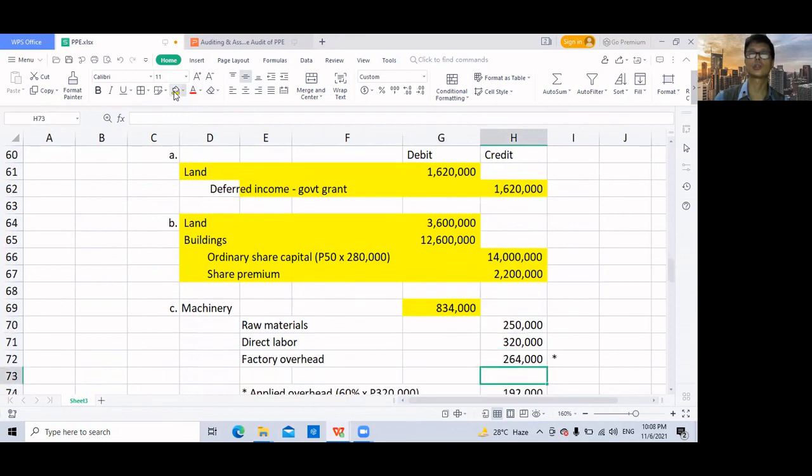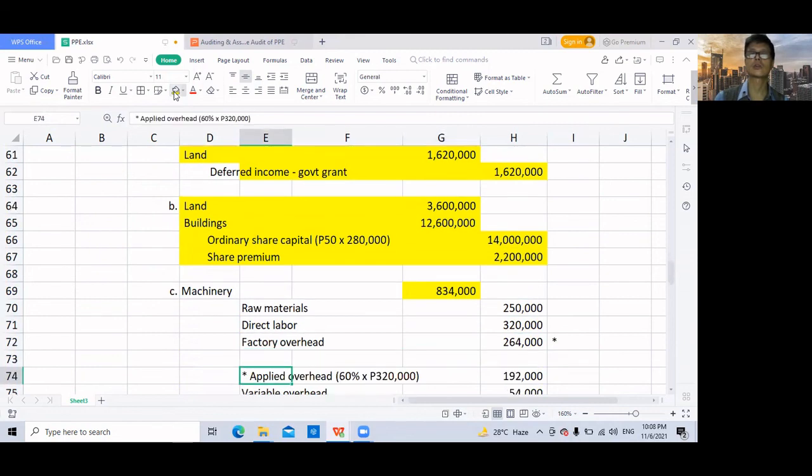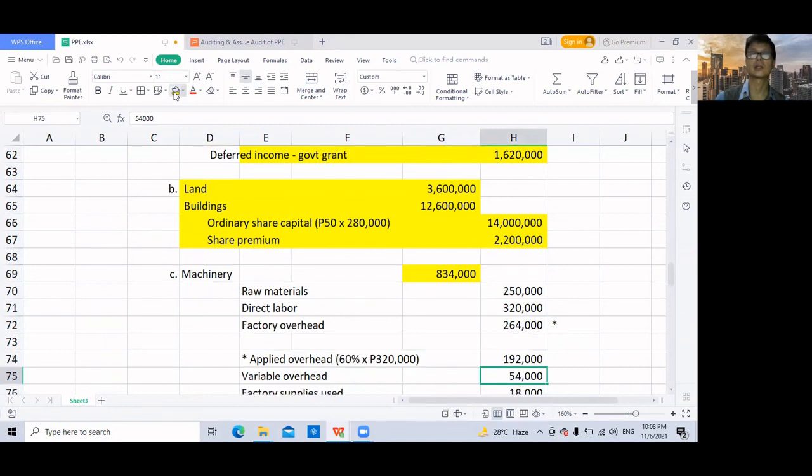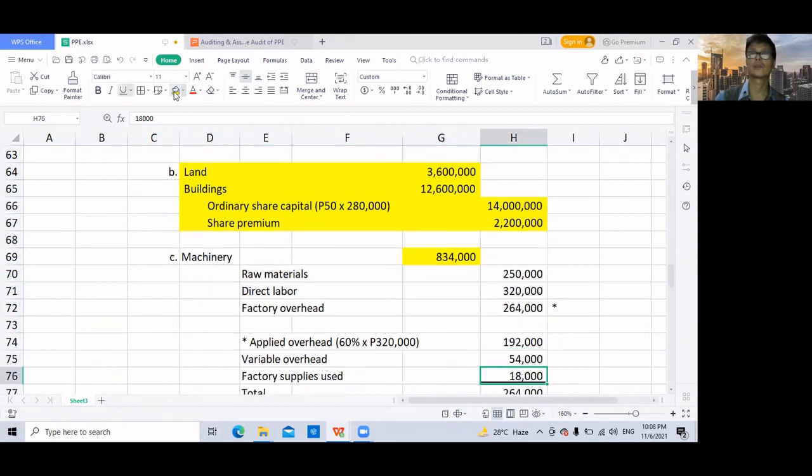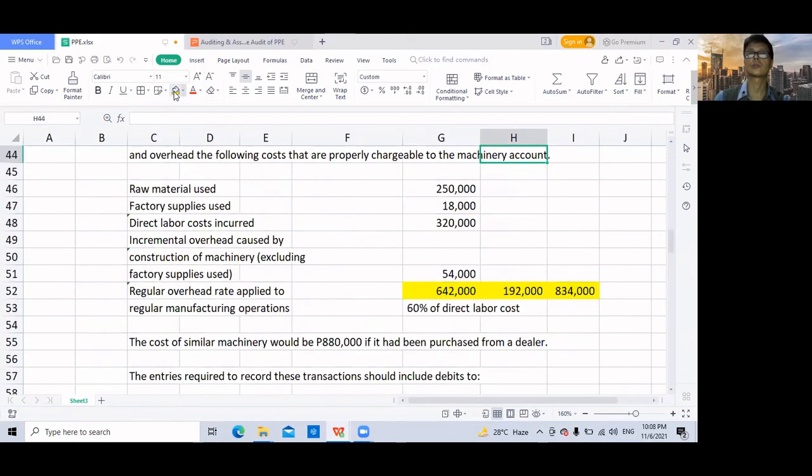Now the computation here is yan, may asterisk dito, nakalagay dito. No? So applied overhead, that's of course we have computed that. That's 60% of the direct labor, which is 192, plus yung variable overhead. Okay, that's 54,000, and yung factory overhead supplies. So as you can see here, yung 54,000, this is variable overhead.